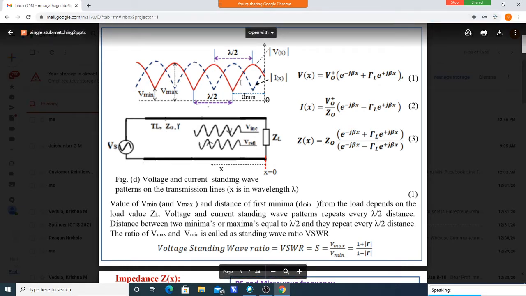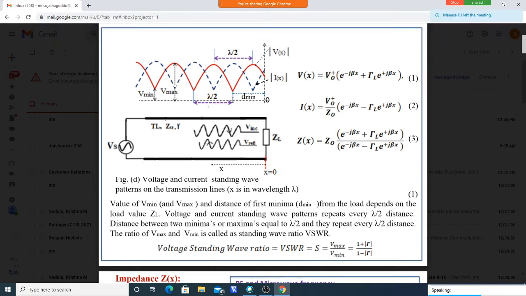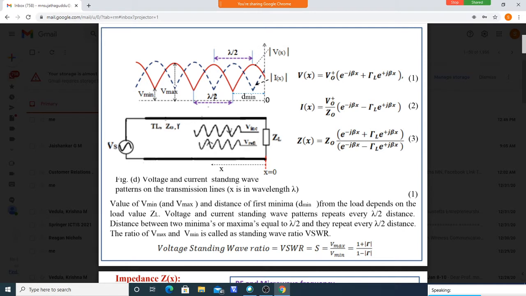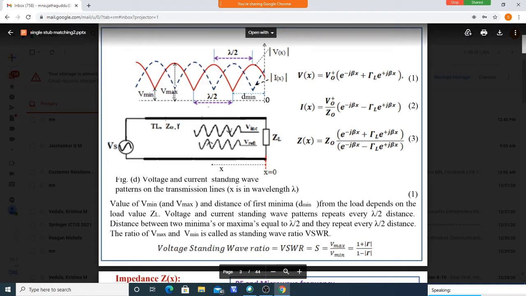Even though the two waves move in opposite directions, the magnitude of their addition looks like a standstill over the transmission line.